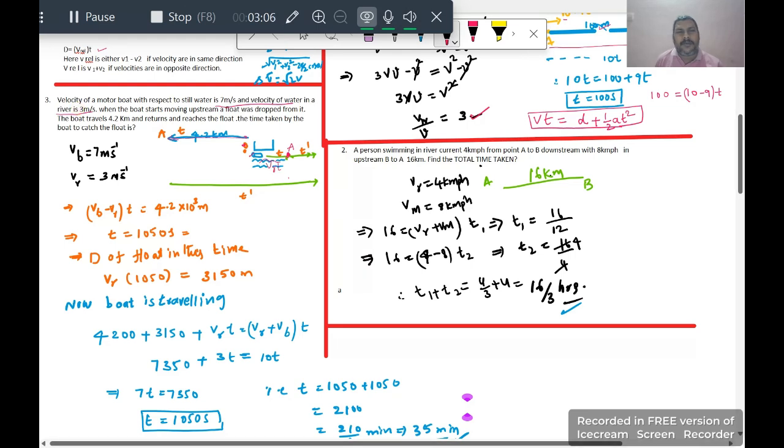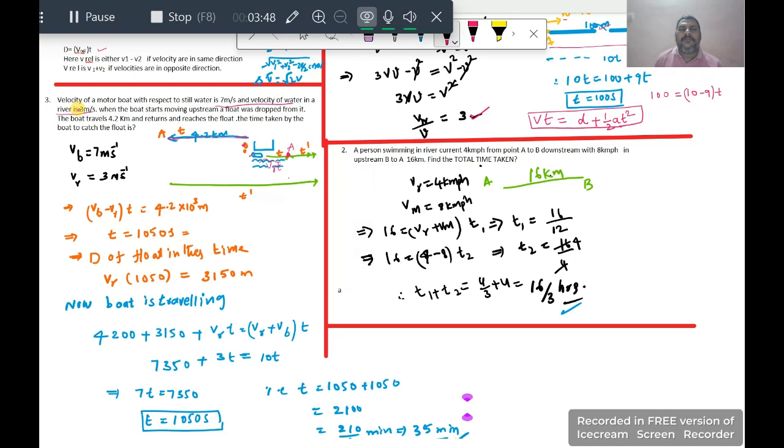VR into T, and in the same time you travel 4.2 kilometers upstream. Therefore, distance is equal to V relative into time. Upstream V relative means velocity of the boat minus velocity of the river, into time. So now if you try this, here it will be VBR minus VR equal to 4.2 kilometers. So T is equal to 1050 seconds.